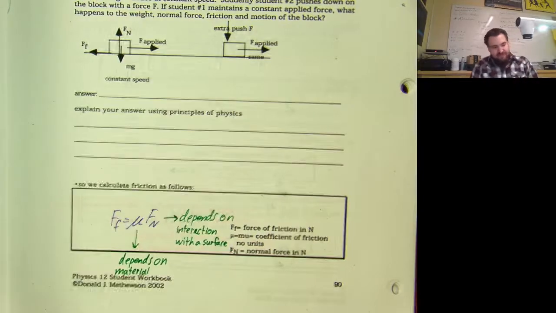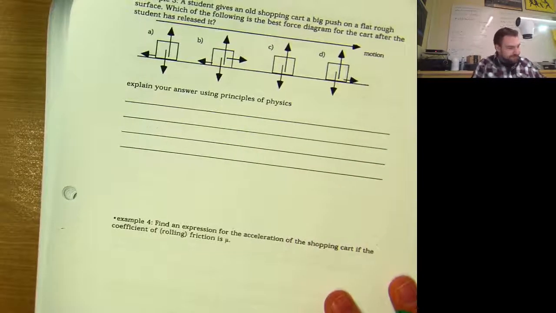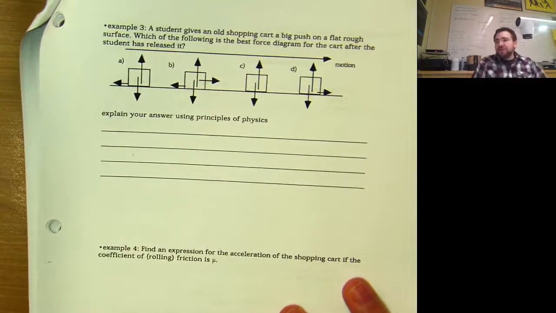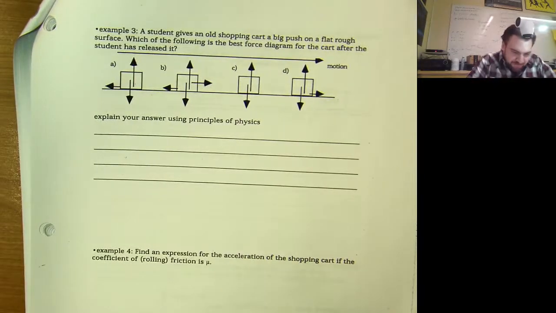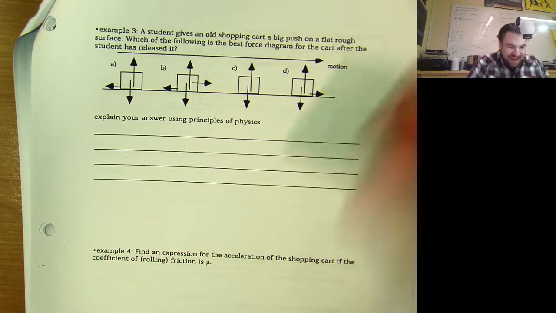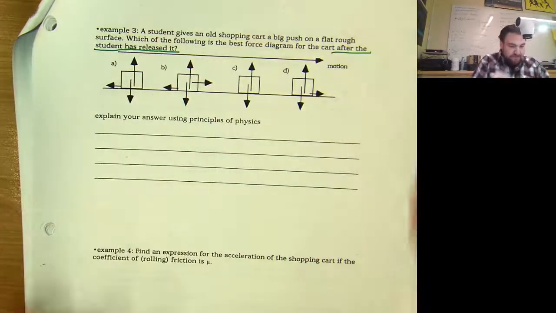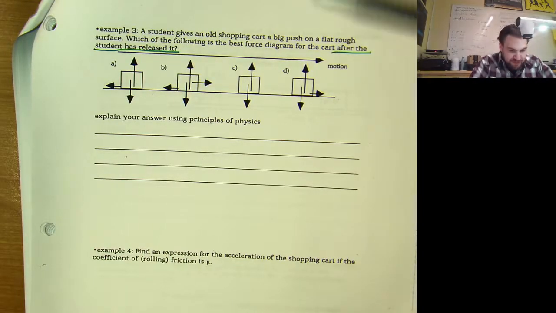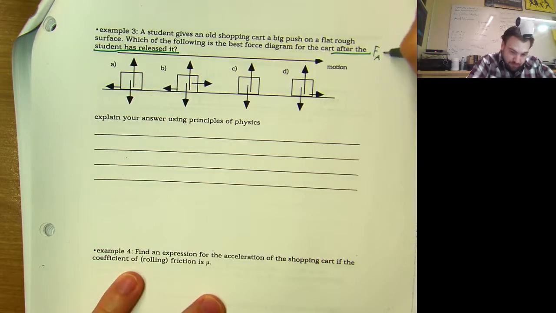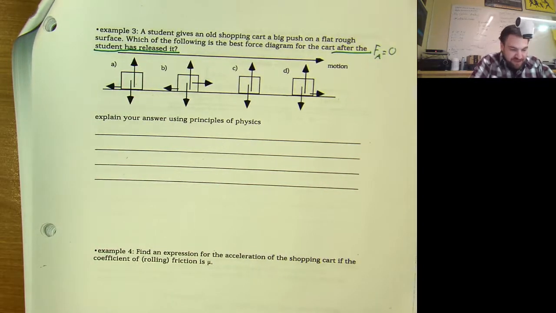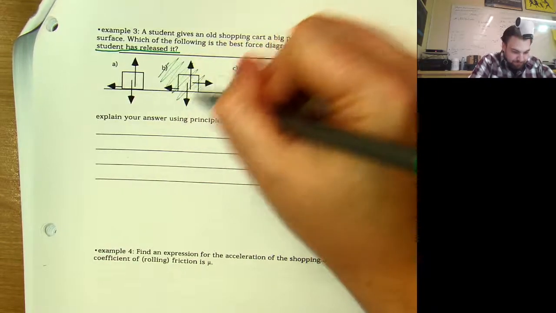Okay, flip the page, look at some stuff. So a student gives an old shopping cart a big push on a flat, rough surface. Which of the following is the best force diagram for the cart after the student has released it? Let's look at some stuff here. So the student has released it, so there is no Fa, which means it can't be B. It has an Fa there.